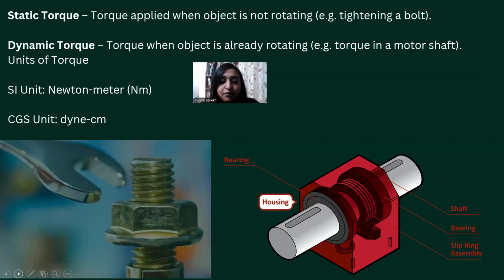It is denoted in Newton meter and the CGS unit is Dyne centimeter. So this is static torque and this is dynamic torque. Simply, when the object is steady, the torque applied is static torque. When the object is in rotation, the torque applied is dynamic torque.